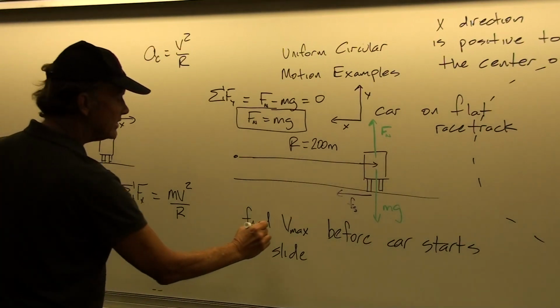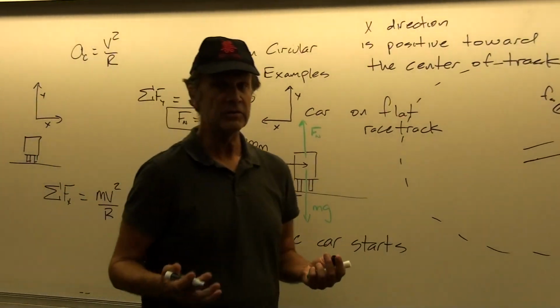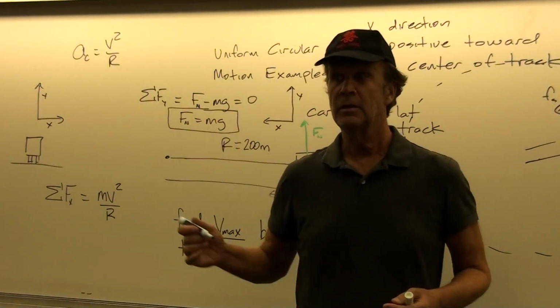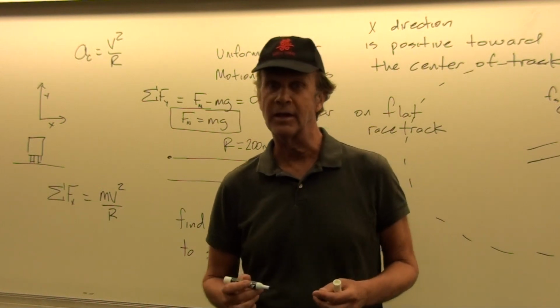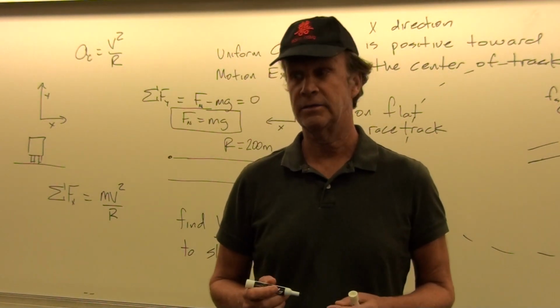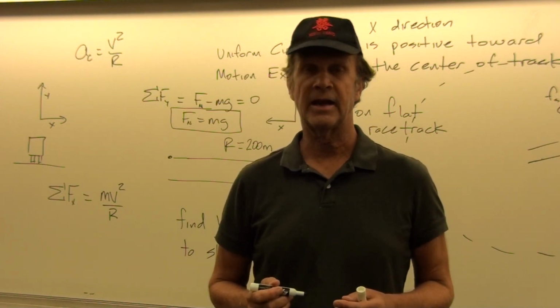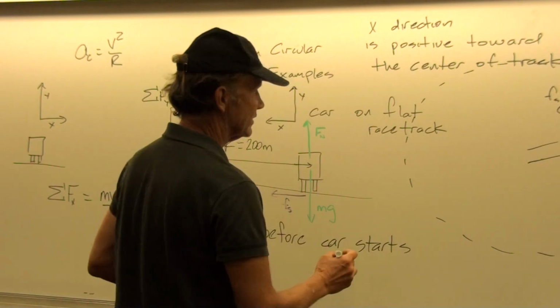Now, we want the maximum velocity, and the static friction force will only push as hard as it needs to. But if we want the maximum velocity, then we are pushing the static friction force to the breaking point.